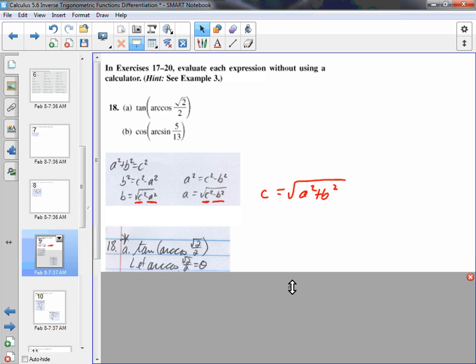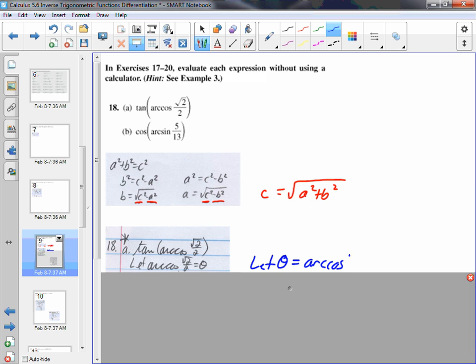I'm going to let the arc cosine of square root of 2 over 2 equal theta. I probably should have written it the other way around, because we've always written let u equal whatever. So let theta equal, then what do we let u equal a lot of times? A quantity inside of parentheses, right? So let theta be the quantity that's inside the parentheses, the arc cosine of the square root of 2 over 2.